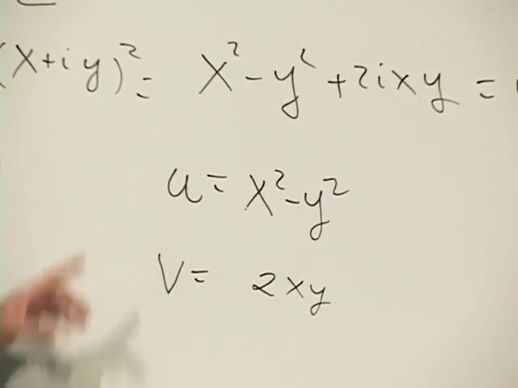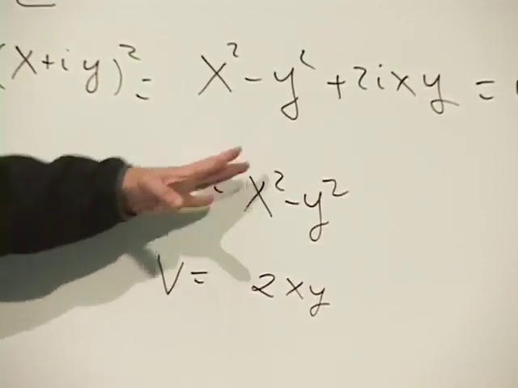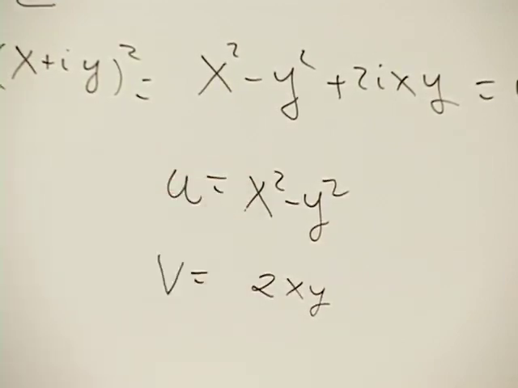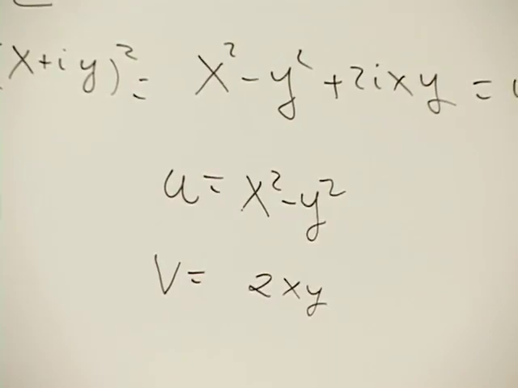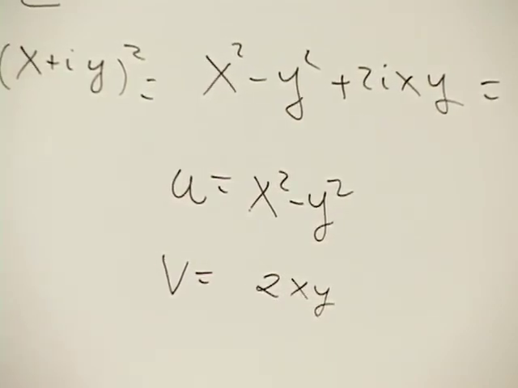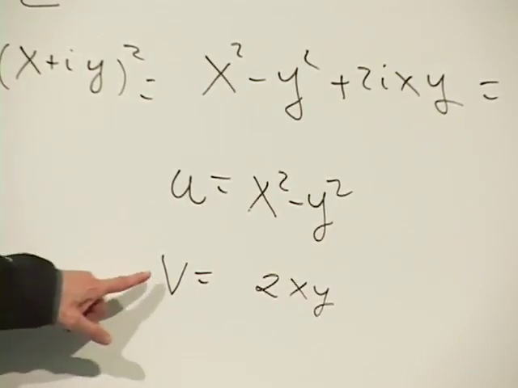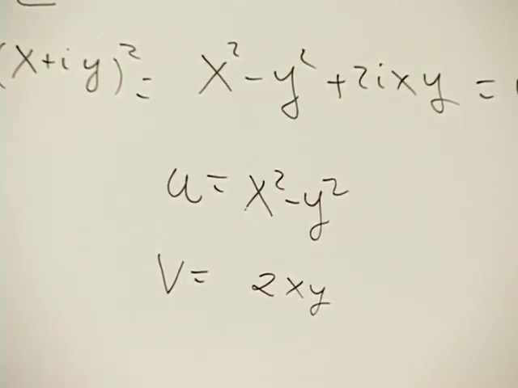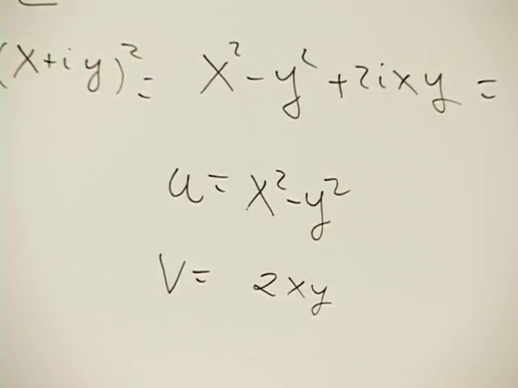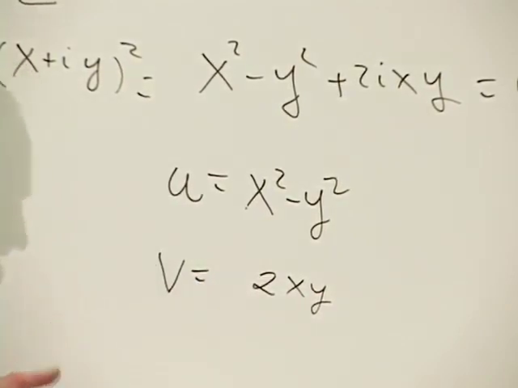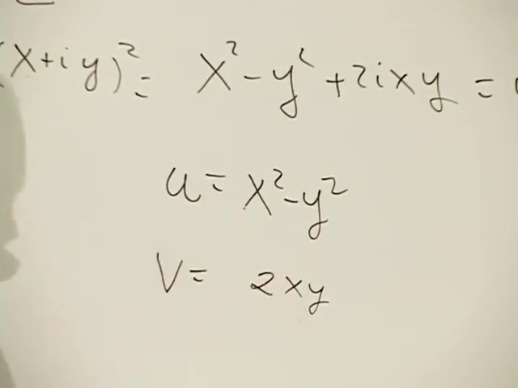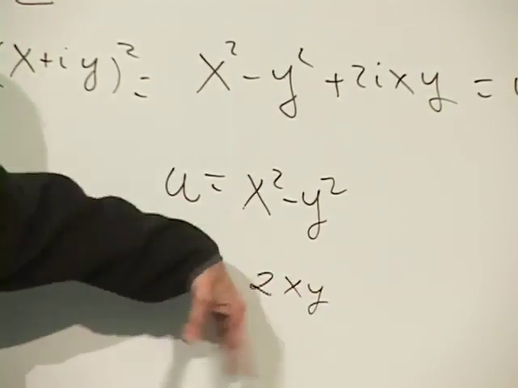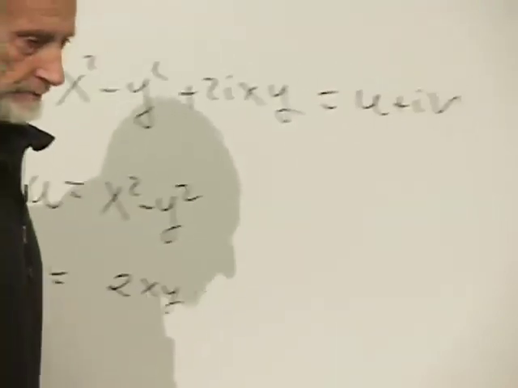So the second derivative with respect to x squared plus the second derivative with respect to y squared is 0. What about the mixed second derivative? 0. If you differentiate it once, you get y, and then you can't differentiate it with x again. Likewise, this one also is a good solution of Laplace's equation.